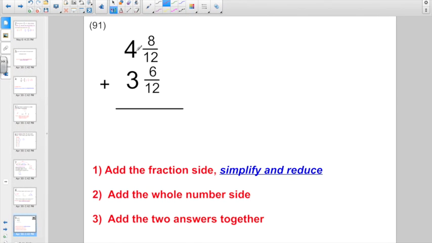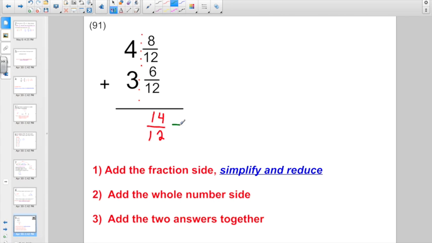Check out this one. Here we have 4 and 8 twelfths plus 3 and 6 more twelfths. So remember, the secret here, you want to deal with the fraction side first. 8 twelfths plus 6 twelfths is 14 twelfths. Now we got to go and simplify and reduce, just like we're doing on that quiz, right?